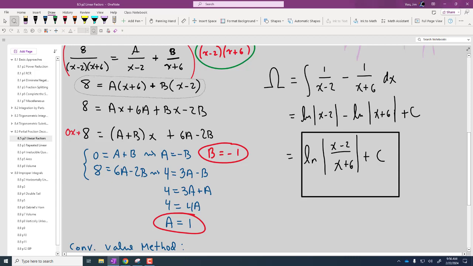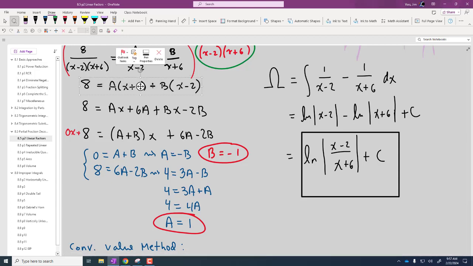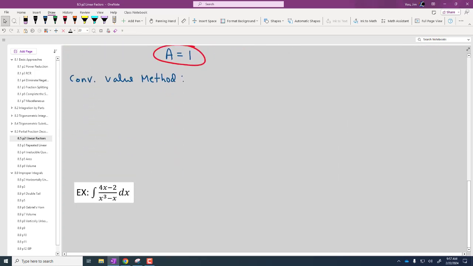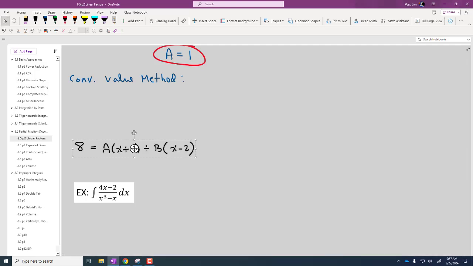This is the line I want. Let me copy that line and paste it. So this equation right there.